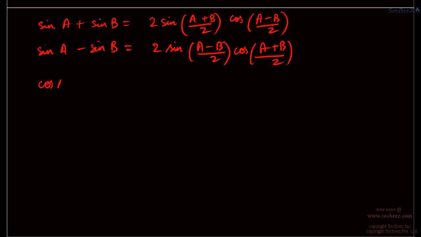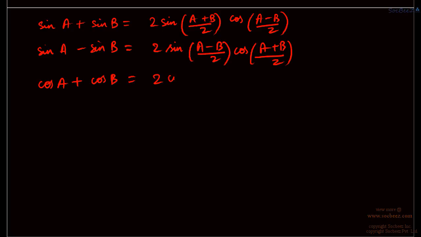Now for cos a plus cos b, actually watch out for this function. This function always gives slightly different formulae. For sin a plus or minus sin b, we always had sin of a plus b by 2 and a minus b by 2, with both sine and cosine appearing.